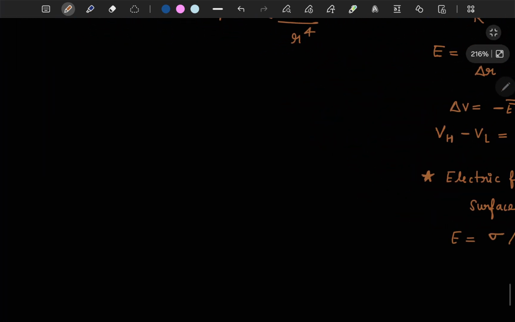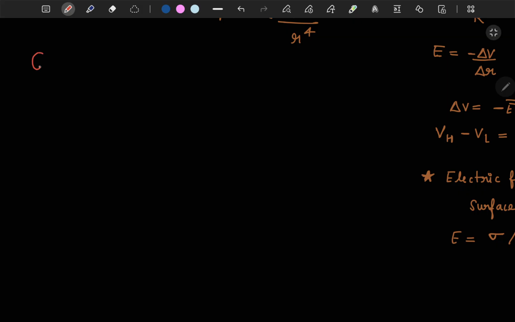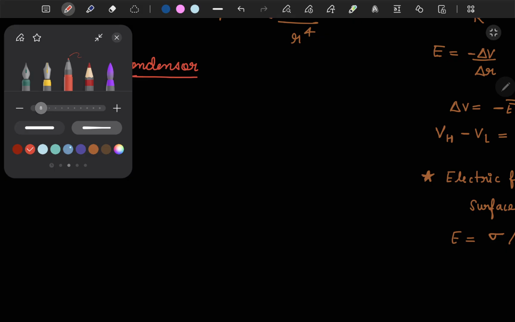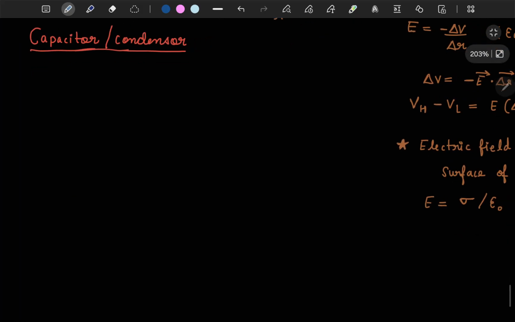Moving ahead, let's move on to another part of our chapter, that is capacitance. So what are capacitors? These are basically condensers. They store energy in them. We will talk about the formula of energy and everything further.